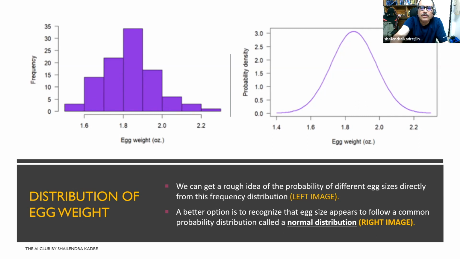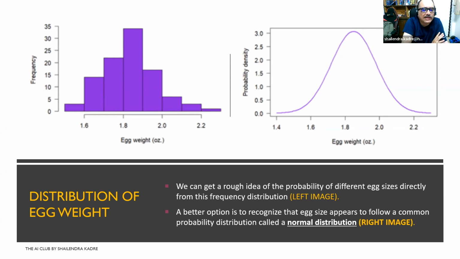So now you have taken weights on the x-axis and this probability on the y-axis. The probability of getting less than 1.6: only 3 eggs out of a total of 140, so I am marking 3 divided by 140.